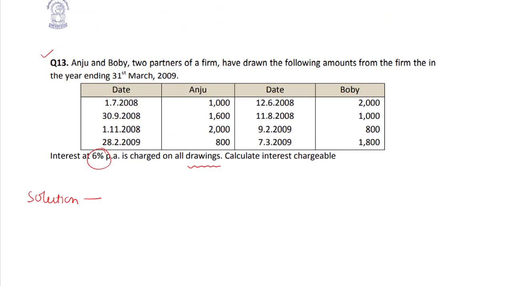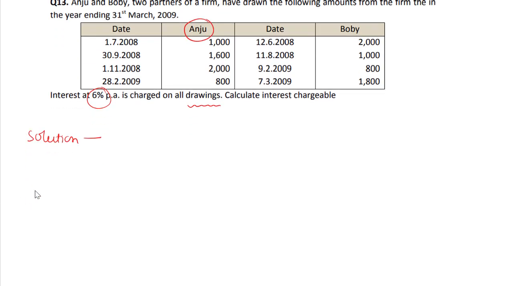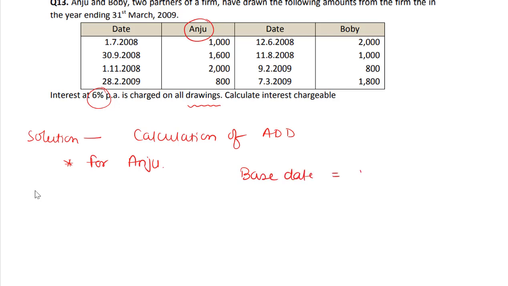Solution. We are doing for Anju first. Calculation of average due date. We need to finalize base date first: 1st July 2008.